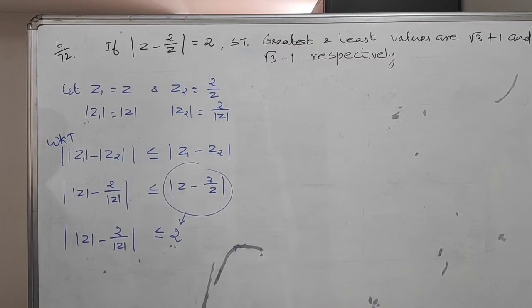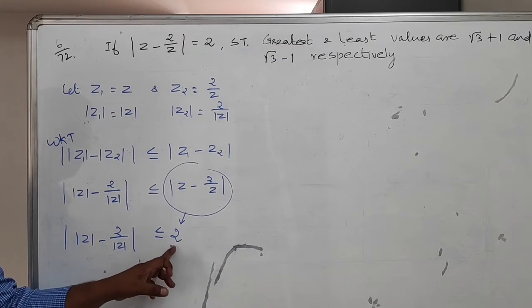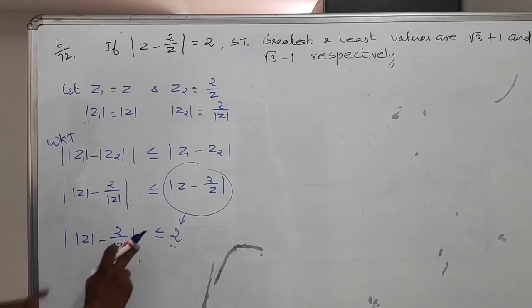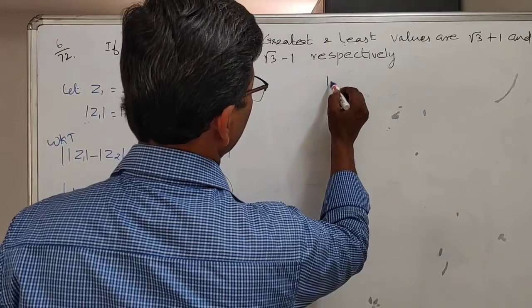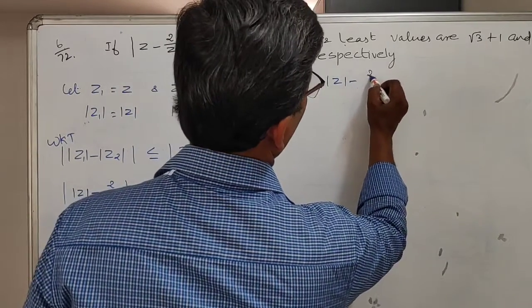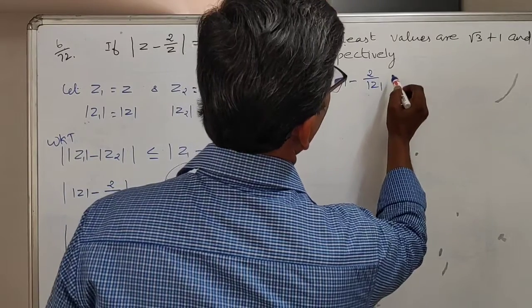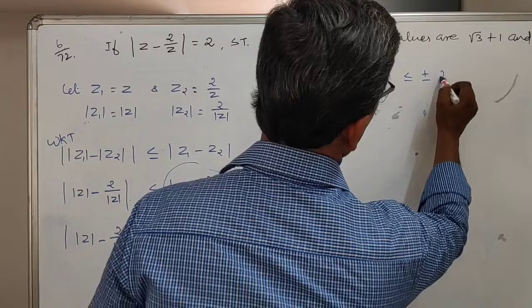Now whenever you remove this modulus, this can be written as plus or minus 2. Therefore here you can write modulus Z minus 2 by modulus Z less than or equal to plus or minus 2.